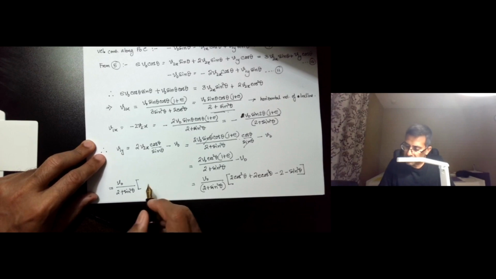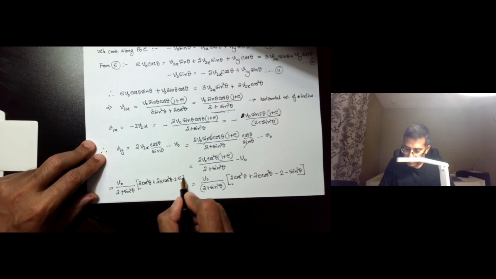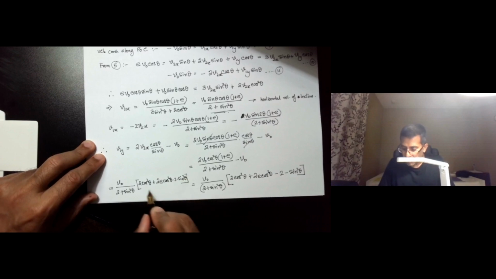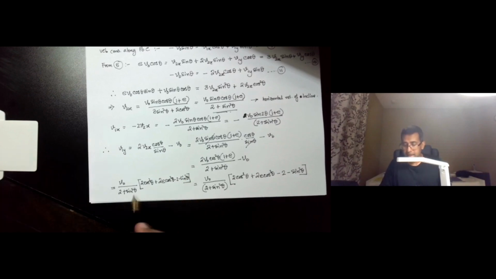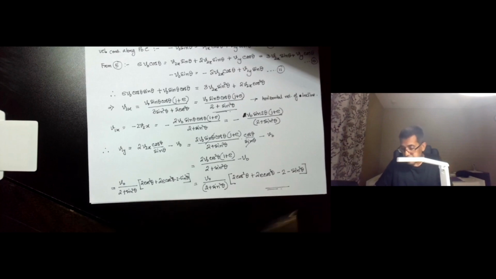I would just leave it as it is: 2 cosine squared theta plus 2e cosine squared theta minus 2 minus sine squared theta. Unfortunately not much simplification, but that's the expression for the velocity component of this particle.